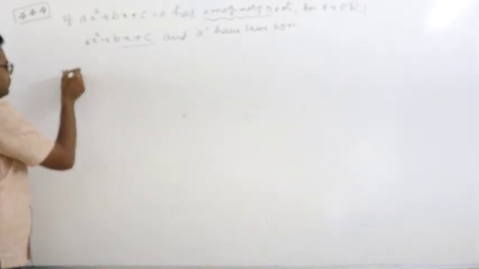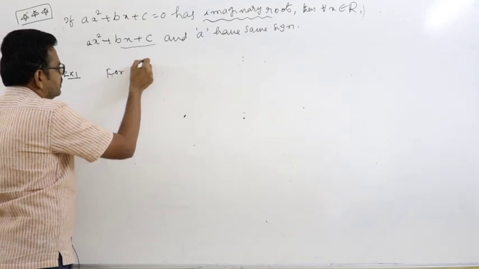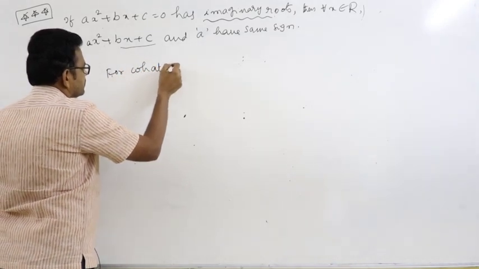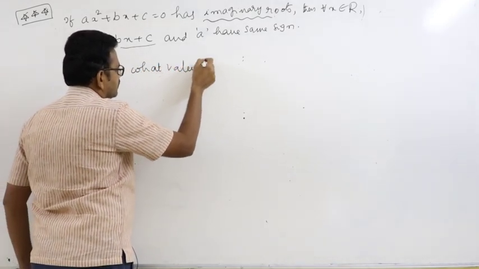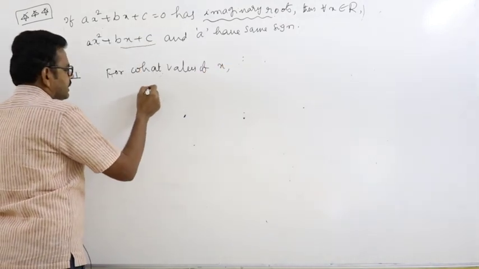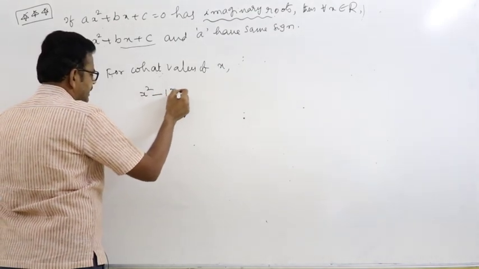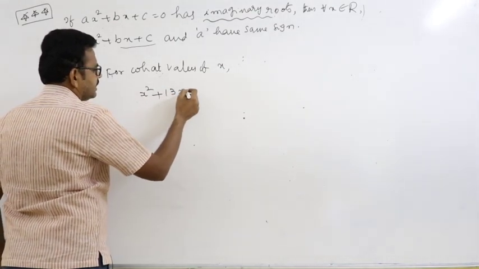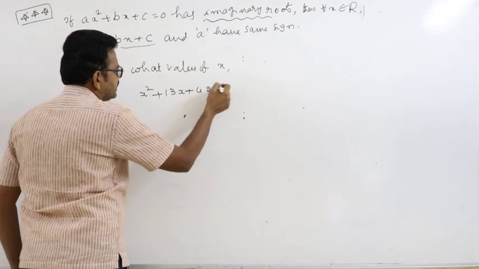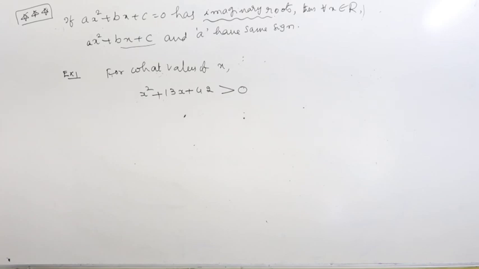Example 1. For what values of x is x square plus 13x plus 42 greater than 0?